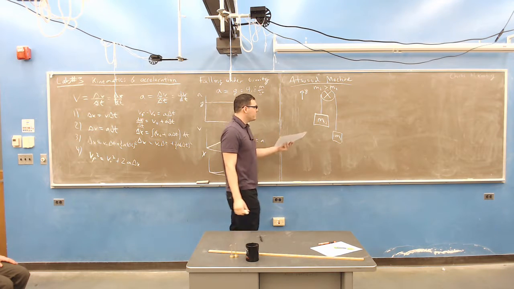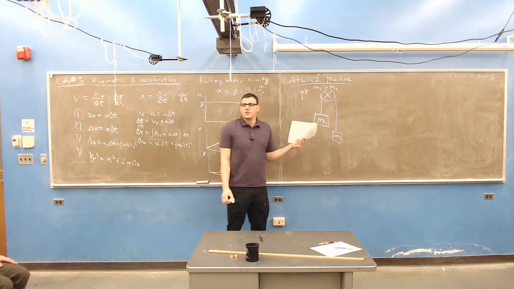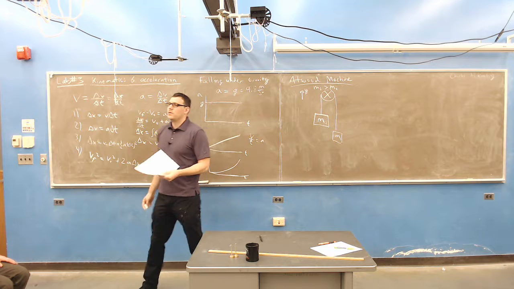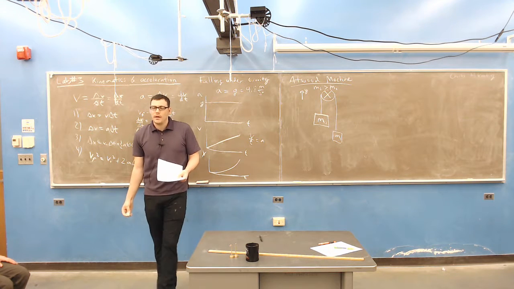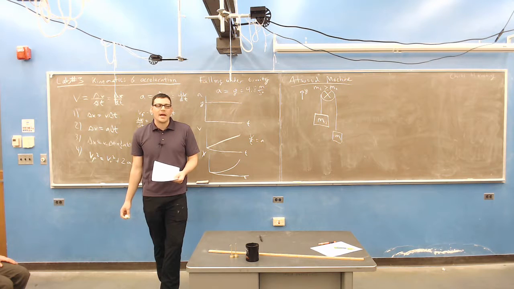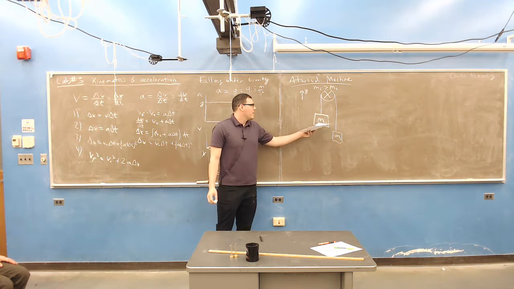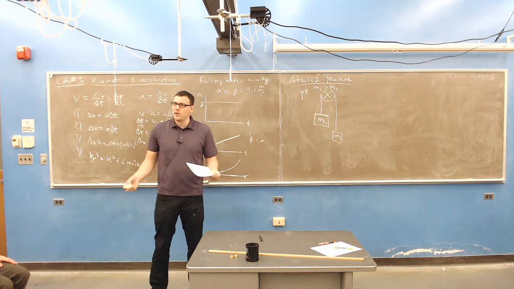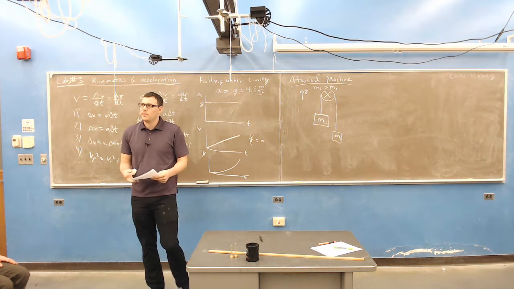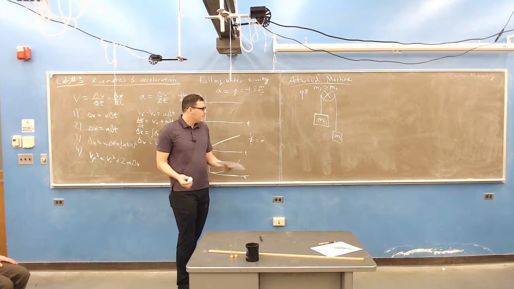If we wanted to understand how this moves, what's something we could do to analyze its motion? If I asked you, what is the acceleration of mass 2, how would we start to solve that problem? Figure out what forces are on it.